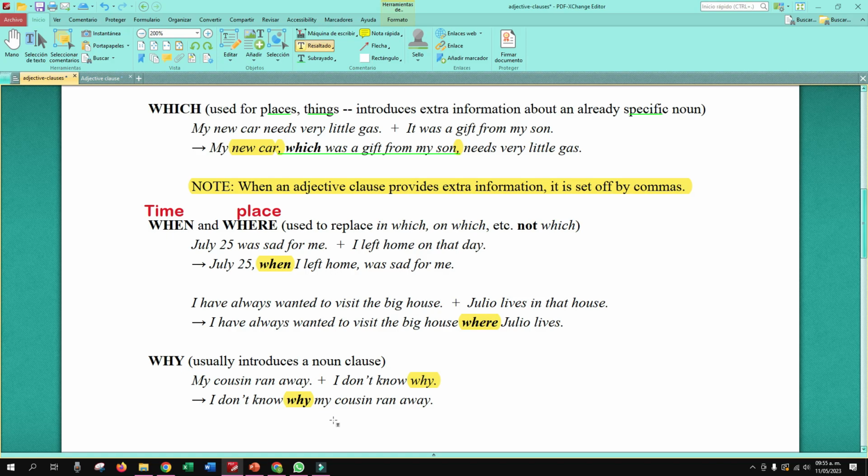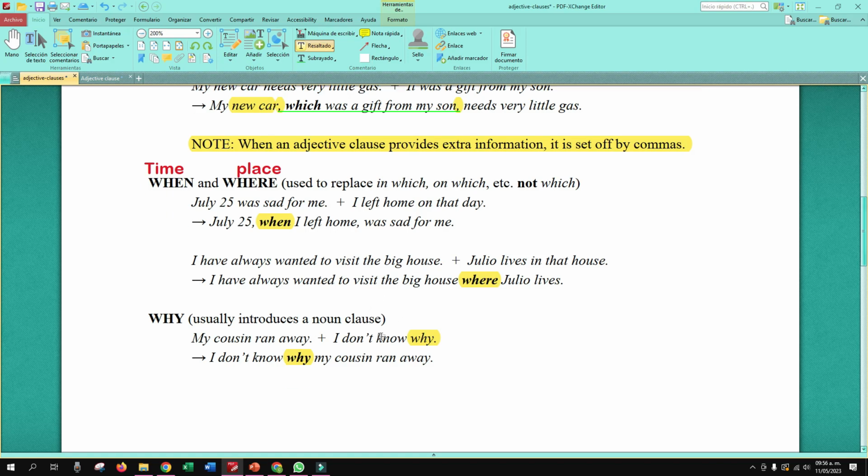There you have a noun clause, not the adjective one. That would be the use of why in that case, because you're giving a reason.